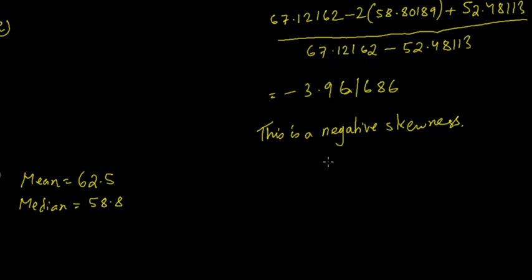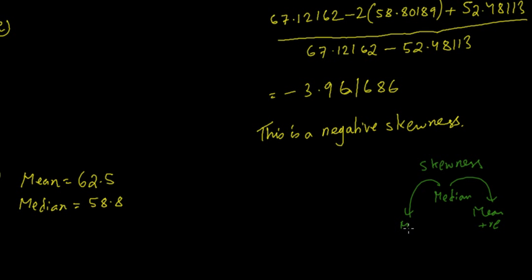Now if you remember about skewness, it means whether the data is leaning towards some value. If most of the data is above that, we call it positively skewed. If it is below that, we call it negatively skewed. So if the mean is greater than the median, then we call it positively skewed.